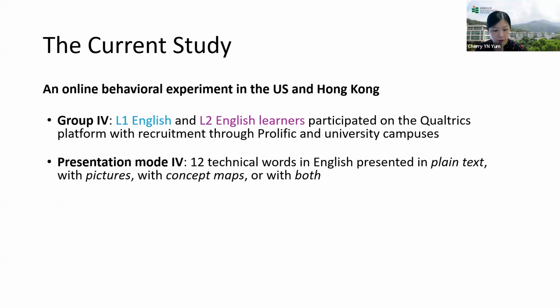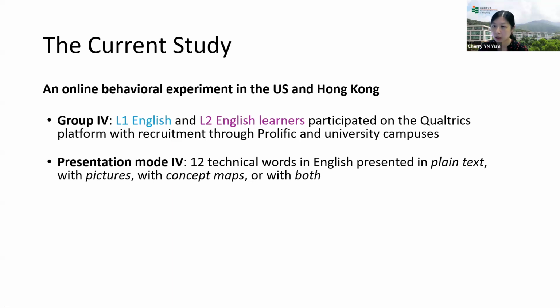So for the current study, this is an online behavioral experiment that's conducted within a US sample and a Hong Kong sample. These are all university students who are taking English programs. The first independent variable is, of course, the group where they are from. The language background would be the key difference here, whether they're native or non-native English learners.